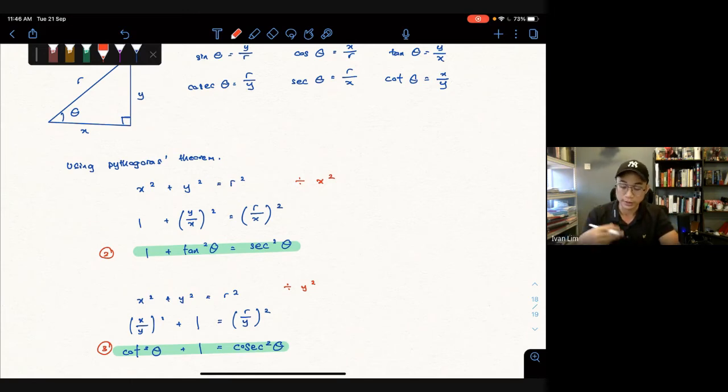Another way to prove it is to take sine square theta plus cos square theta equals 1 and divide the whole equation by sine square theta, and you'll get one of these. Then another time, you divide the whole equation by cos square theta, and you'll get the other.